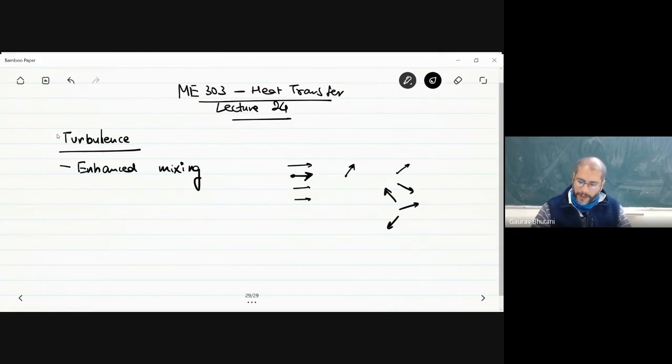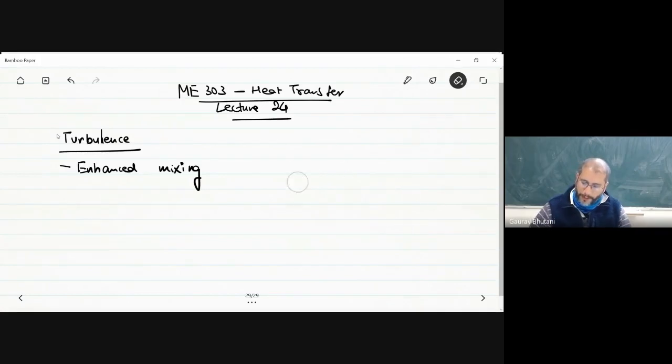So if you're talking about, let's say, flow in a boundary layer, initially the flow was quite nice, mostly in the x direction, but with slight components in the y direction, ensuring that continuity is satisfied.